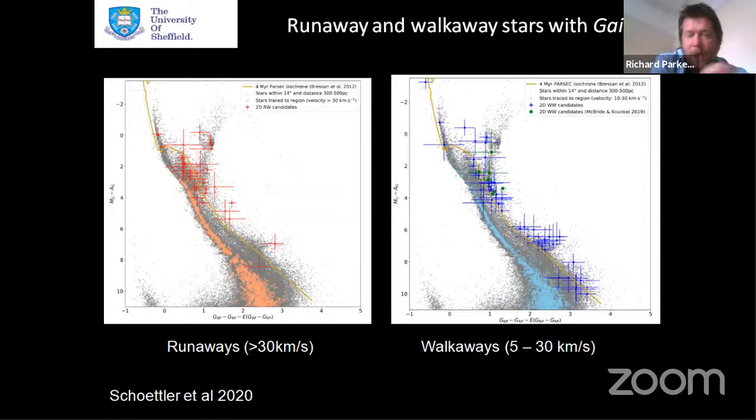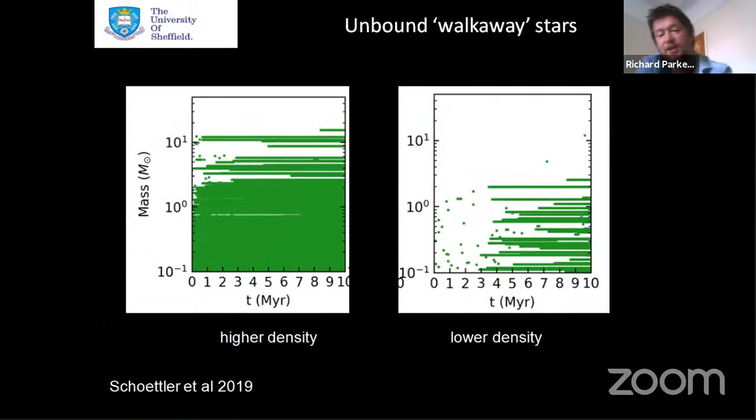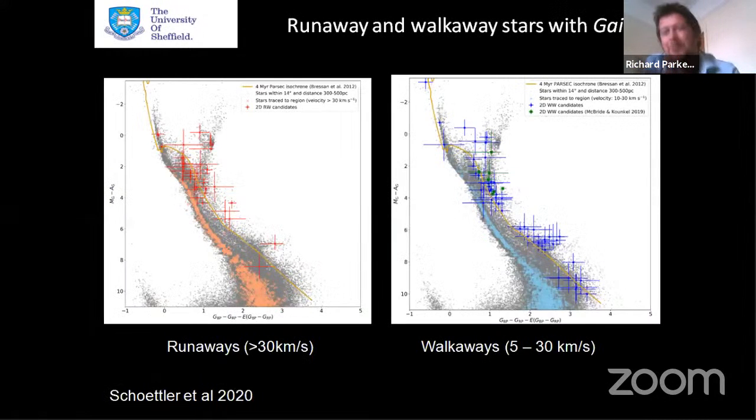So this is really where Gaia is shifting the goalposts, as it were. What Christina is showing on the right-hand plot here is candidate walkaway stars, and you can see that there are far more walkaway stars than runaway stars, and that makes sense from a dynamical point of view. The slide that I showed before, actually, doesn't show what I'm trying to say, so just take my word for it.